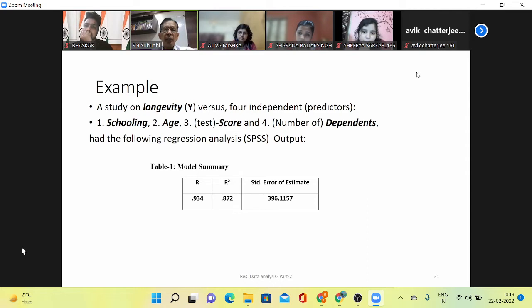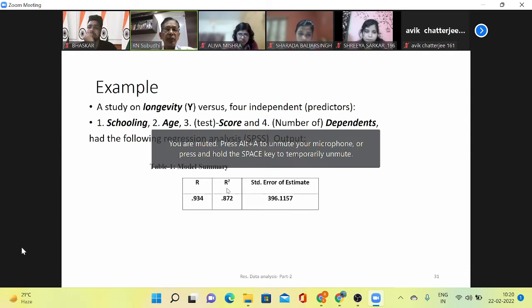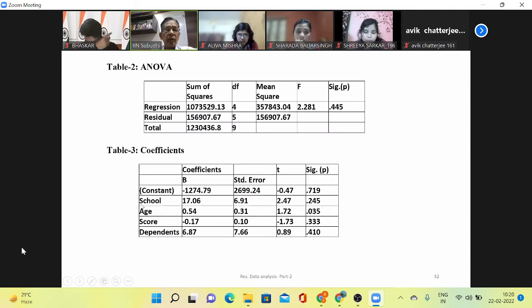Now, I would suggest any computer output, whether Excel, Minitab or SPSS, will have three distinct tables. First, the model summary, which will give you R square. Second, ANOVA.